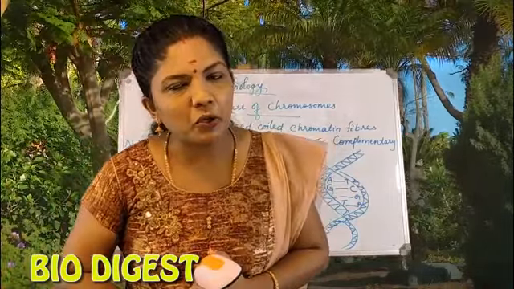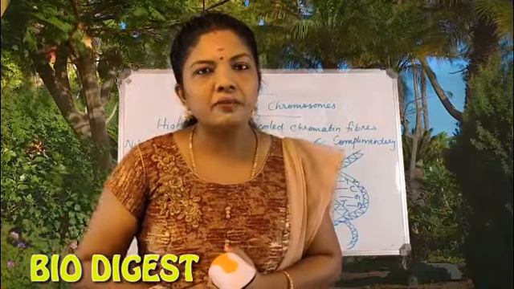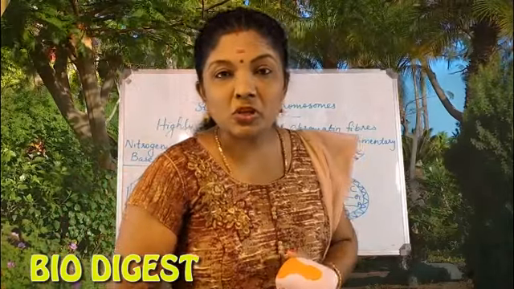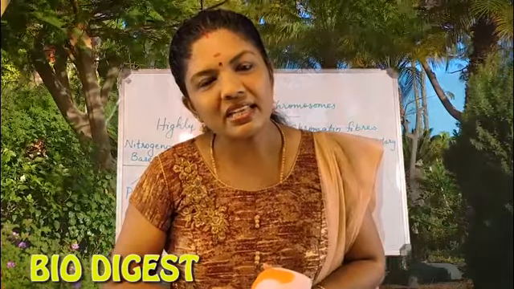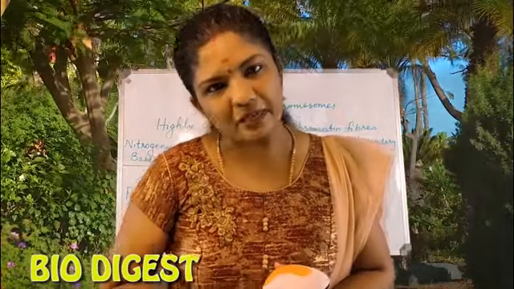So we are learning about the structure of chromosomes. I told you what chromosomes are. Chromosomes are highly coiled condensed chromatin fibers. What materials are present in a chromatin fiber?